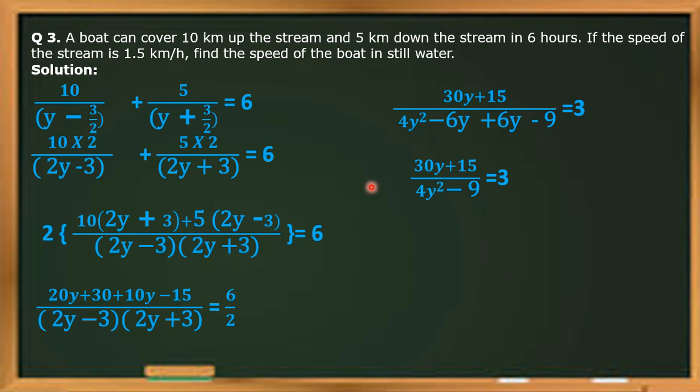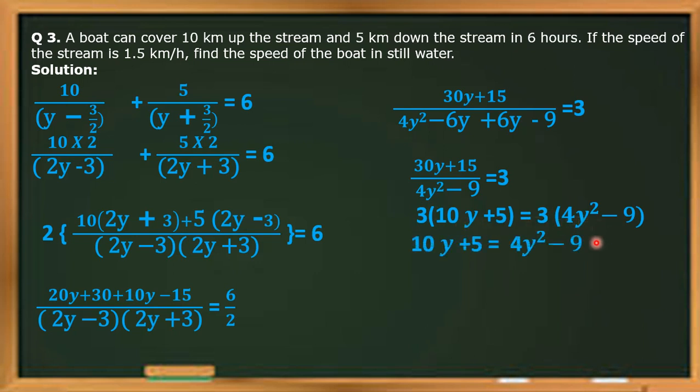Here by taking 3 common, we get 3(10y + 5), and by cross multiplication we get 3 into (10y + 5) on one side, and 4y² minus 9 multiplied by 3 becomes 3(4y² − 9). Now in both the sides 3 is common, so these 3 and this 3 will cancel out. We get 10y + 5 = 4y² − 9.